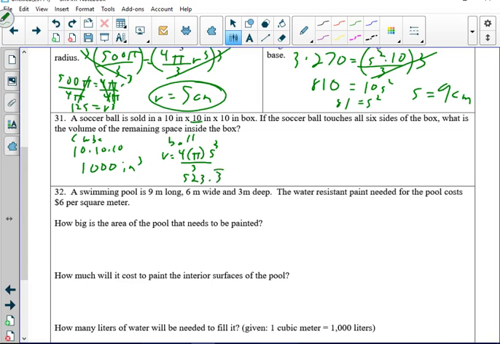That's what I'm doing. So if you subtract those two, you get 476.7 cubic inches.